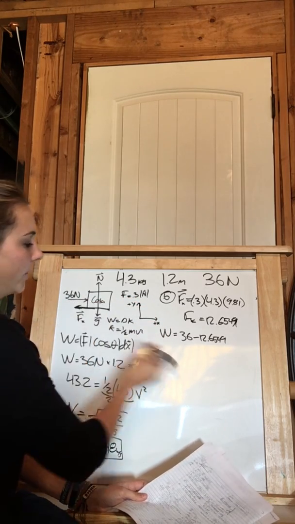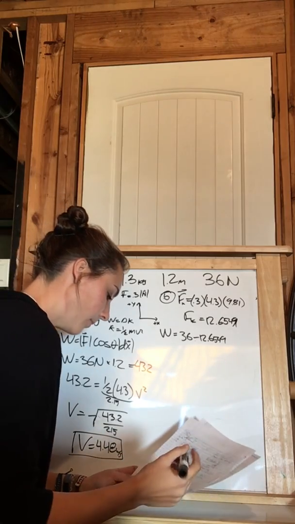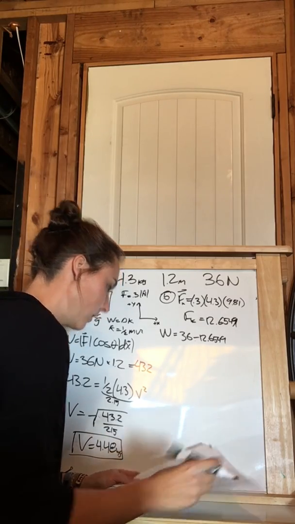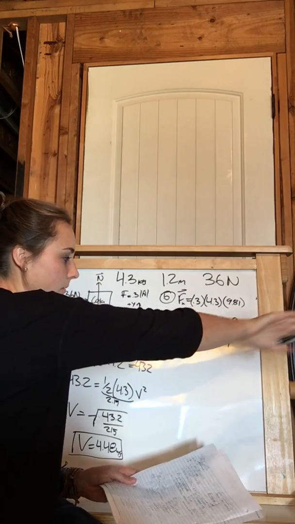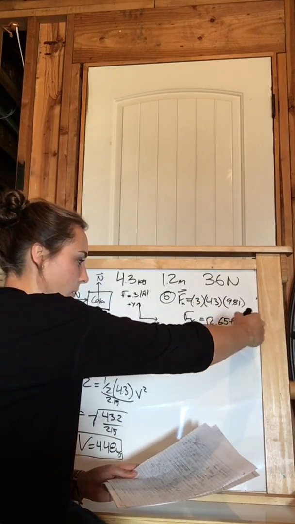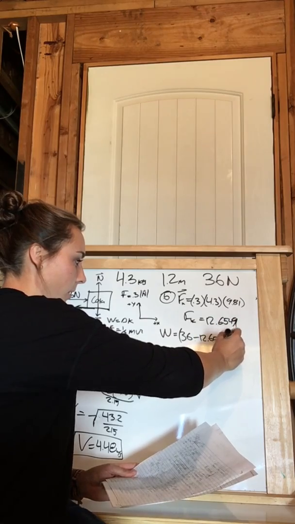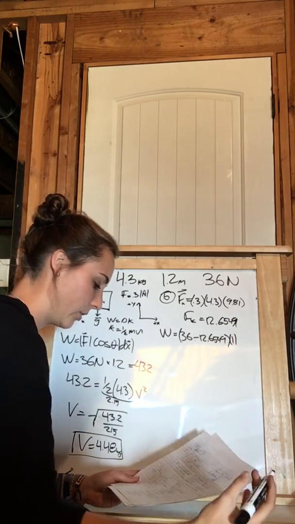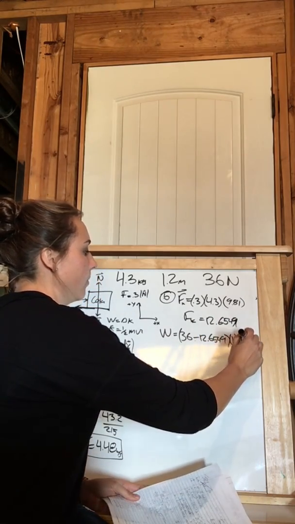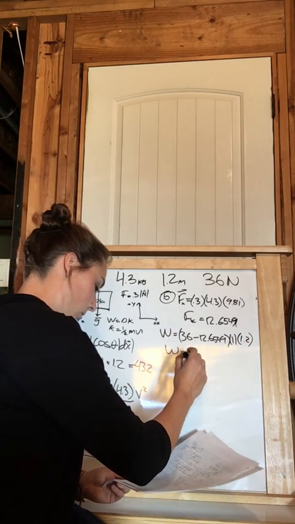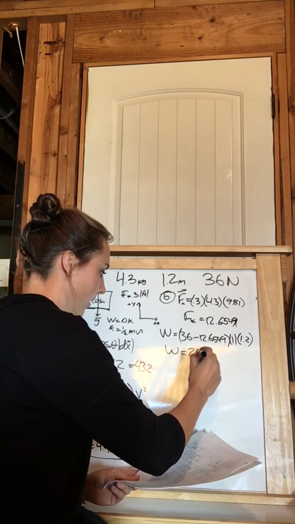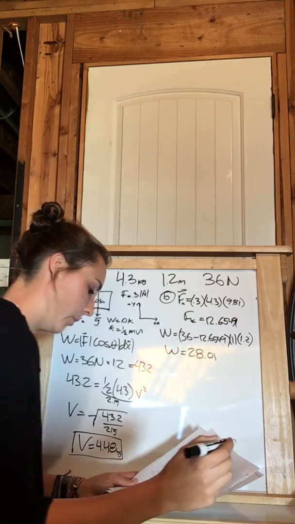This is going in the negative x direction, negative. And then the direction of the force is still going to be the same as the displacement, so cosine of 0 is still going to be 1, times 1.2, which is going to give us a work equals 28.01.